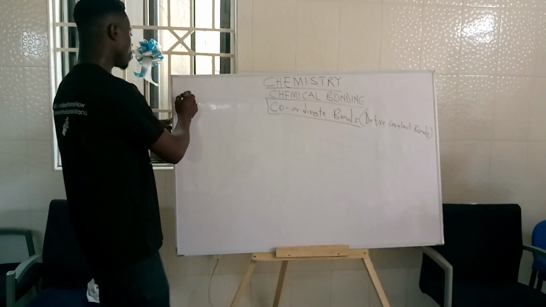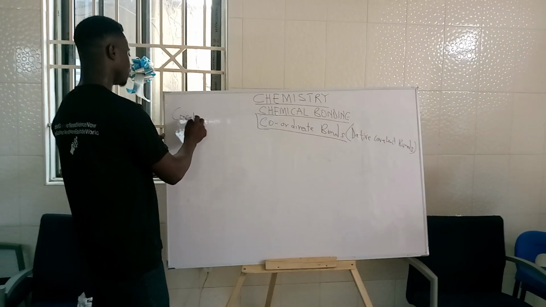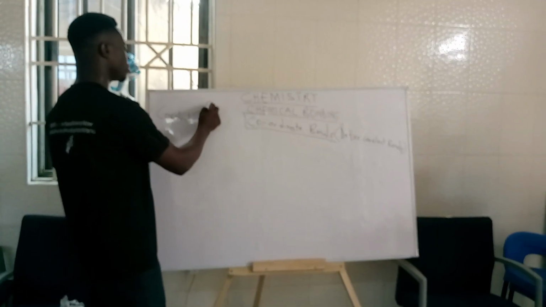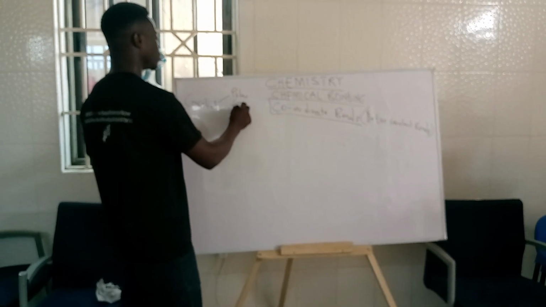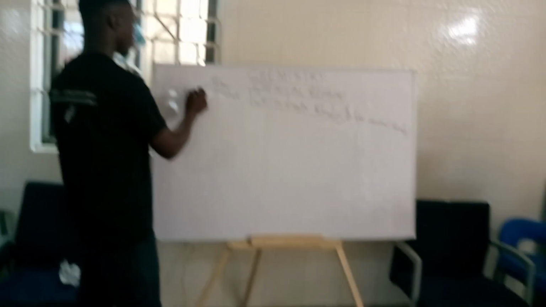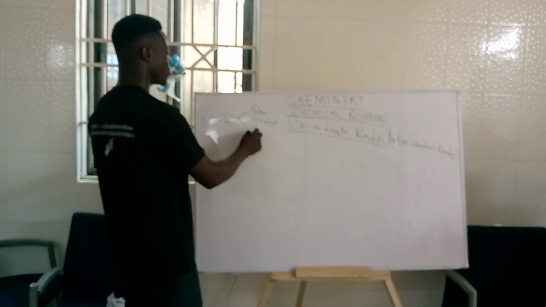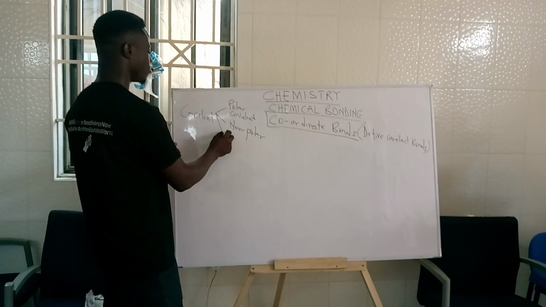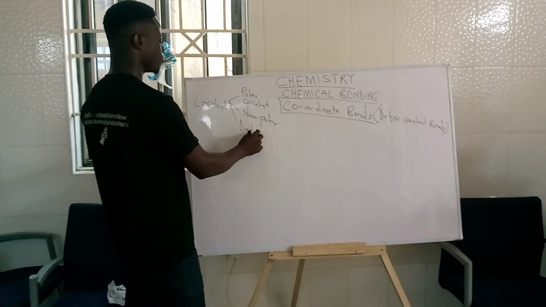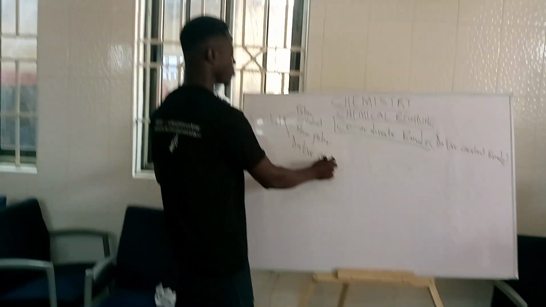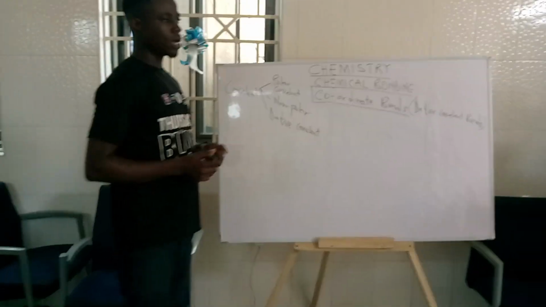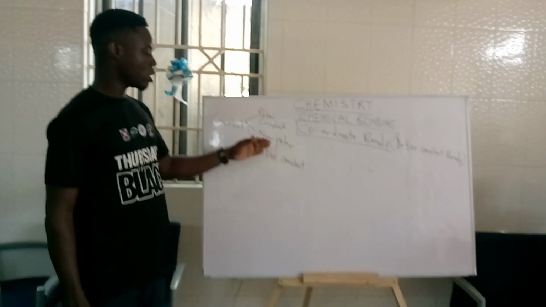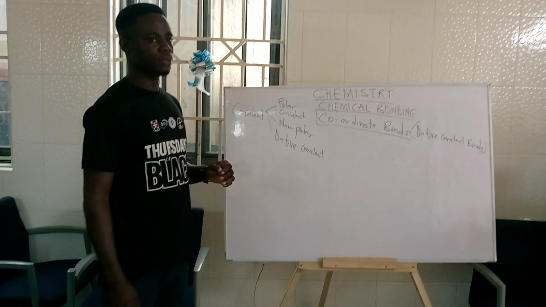So under the covalent alone, we can get what we call polar covalent bonds. Under the covalent bonding alone, we have polar covalent bonds, non-polar covalent, and dative covalent bond.